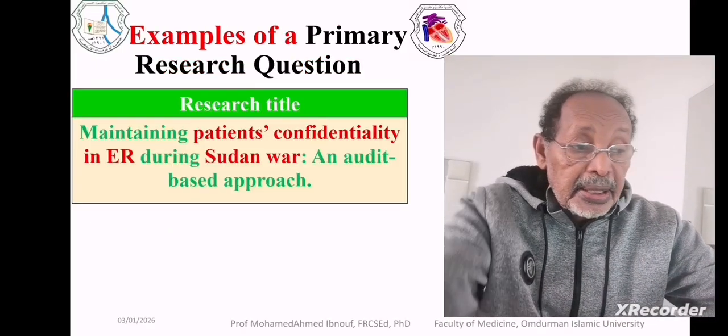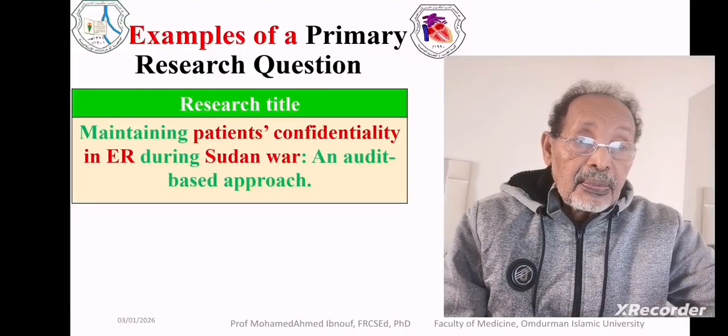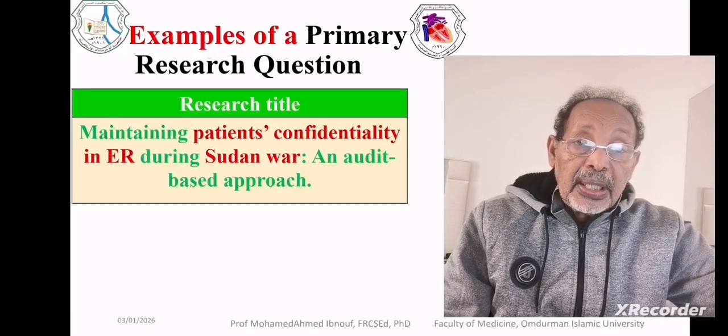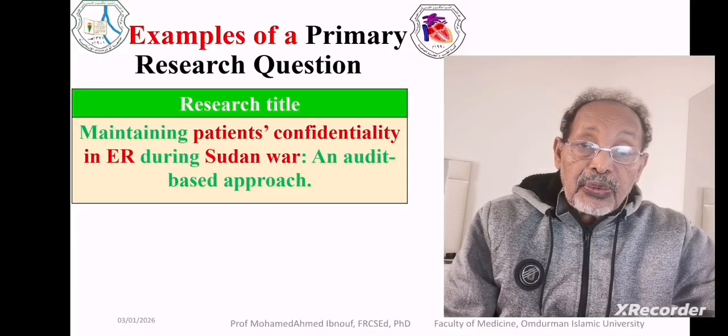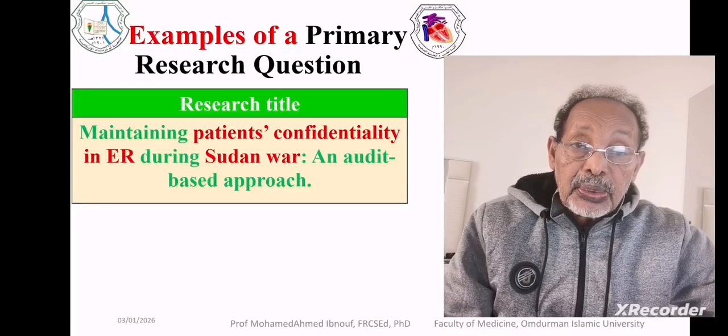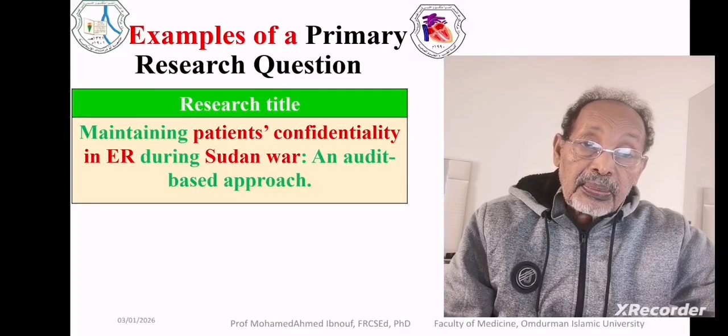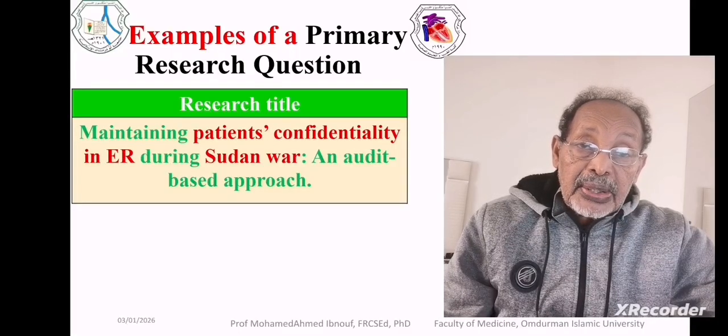And now let us take examples. For example of a title: Maintaining Patients' Confidentiality in Emergency Room During Sudan War, an audit-based approach.